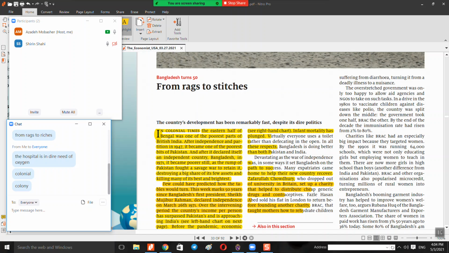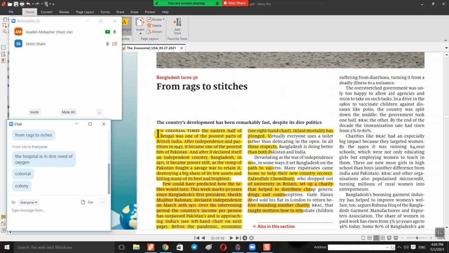This is not something that you can guess. You must know this. Colonial means مستعمره. Very good. Excellent. It means when it was under British colonization.